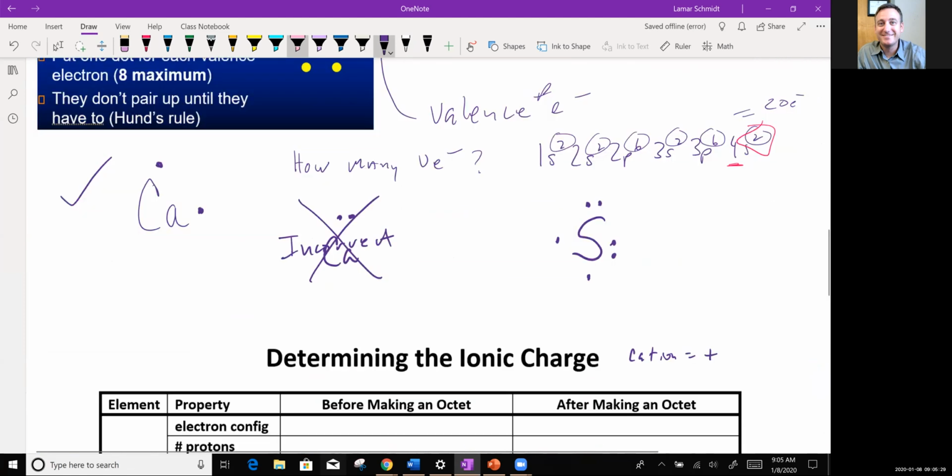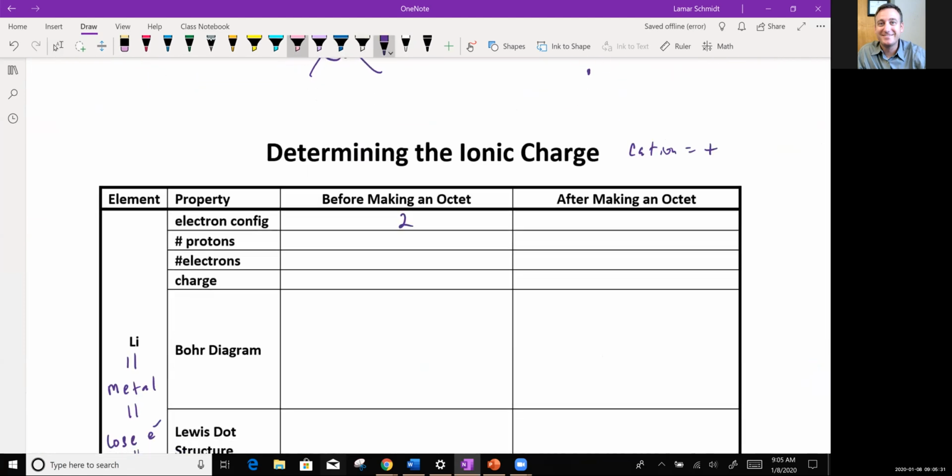It ends there. So we can write 2s1, and we'll write everything before that, 1s2, 2s1. If you look at your periodic table, you should see that it has 3 protons, or an atomic number of 3. It's 3 electrons. And if you have the same number of protons and electrons, you will have a charge of 0, or what we say is a neutral charge.